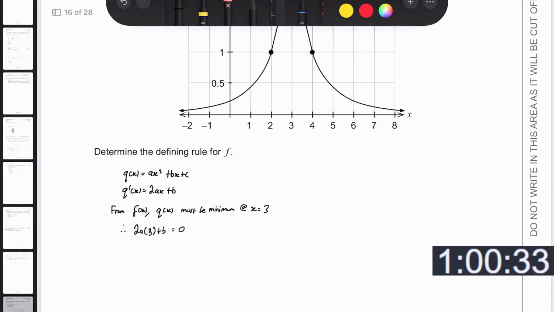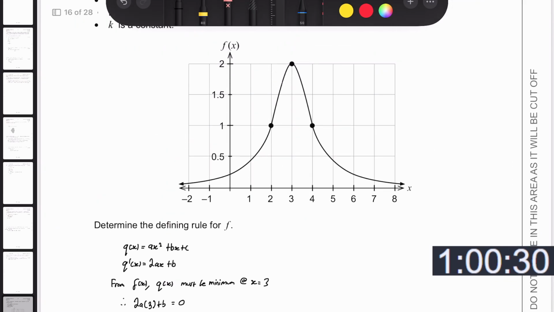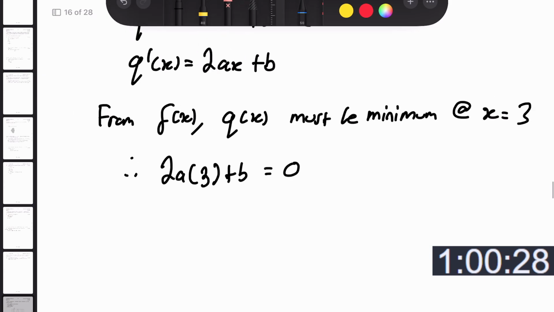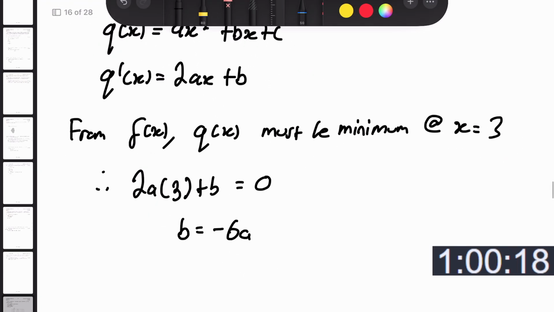Does that help me? So we can say that b is equal to negative 6a. So we can say q of x is equal to ax squared minus 6ax plus c.